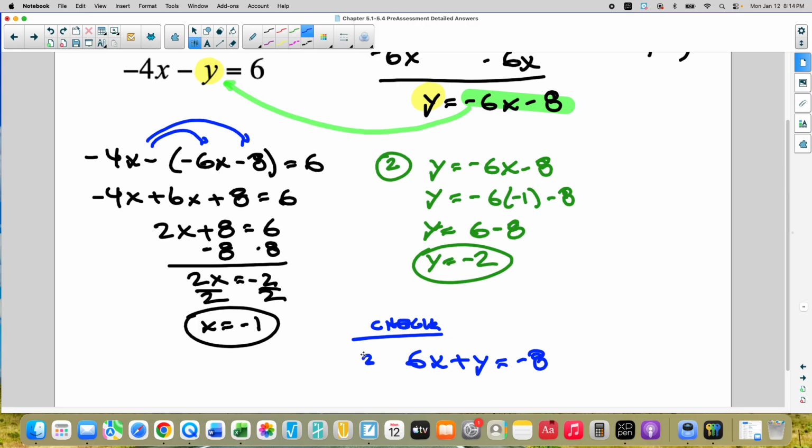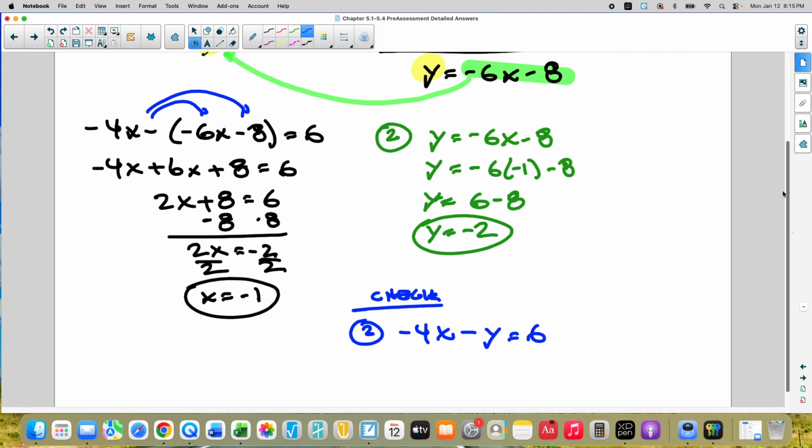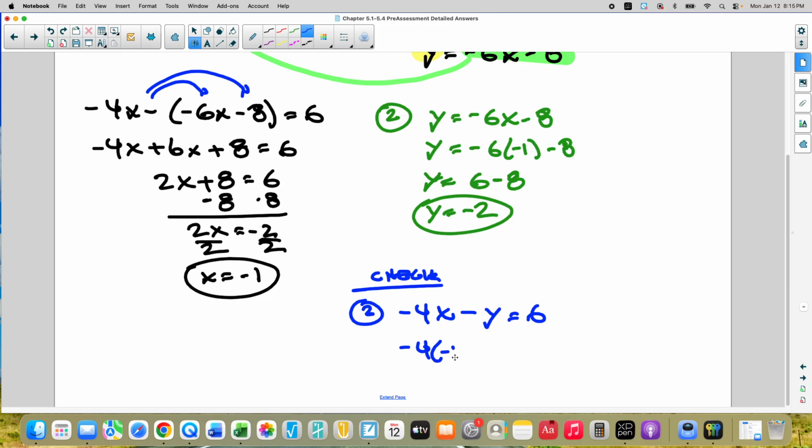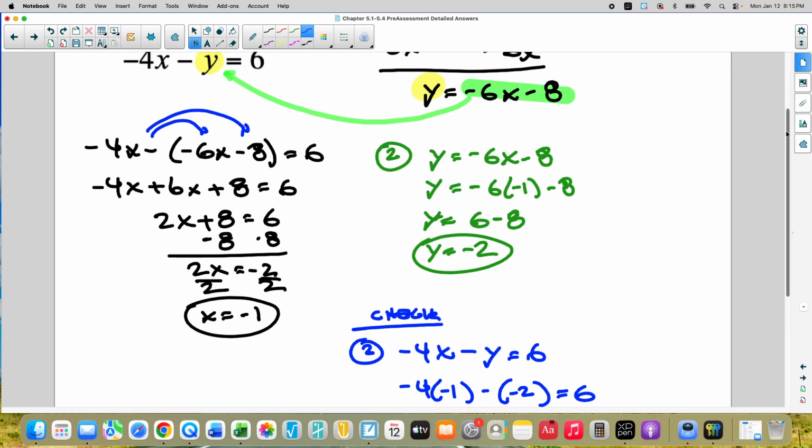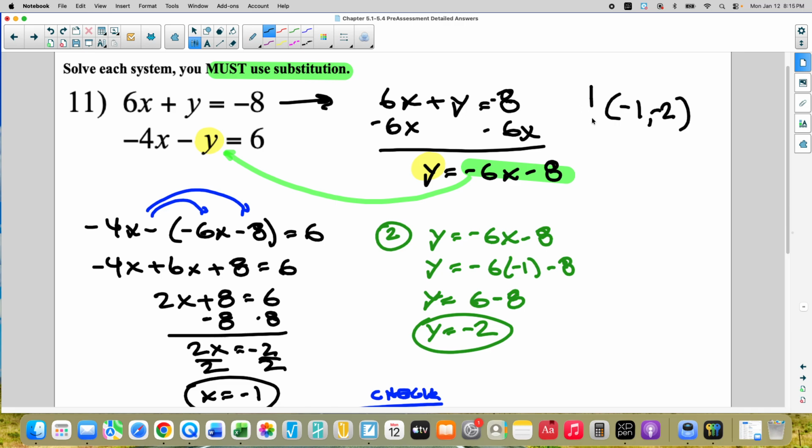I'm going to check using the second equation: -4x minus y equals 6. We're going to plug in -1 for x and -2 for y. That's 4 plus 2 equals 6. 6 equals 6. And it checks out. So this is my solution.